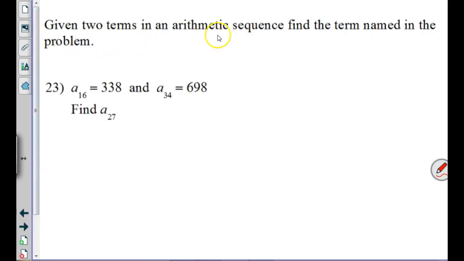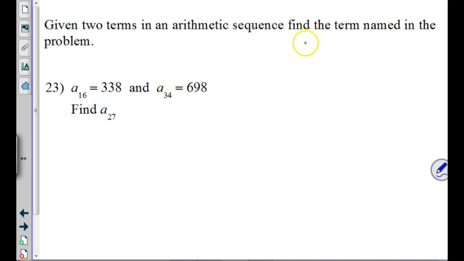All right, given two terms, and they're not the first and second term, find the term named in the problem. This is going to take a little thinking. If we went from the 16th to the 34th term, how many differences did we add? We got to figure that out.